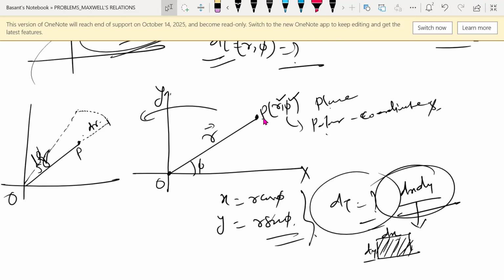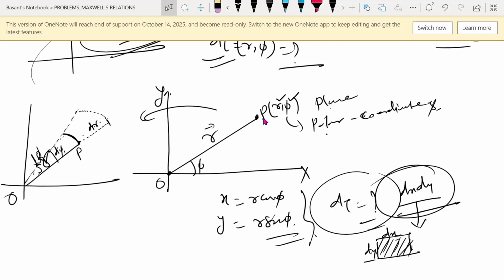Okay, this is d phi angle. Now, what is the increased area here? Change in area. First of all, if the radius is r, then this is the area that is constructed by d phi.